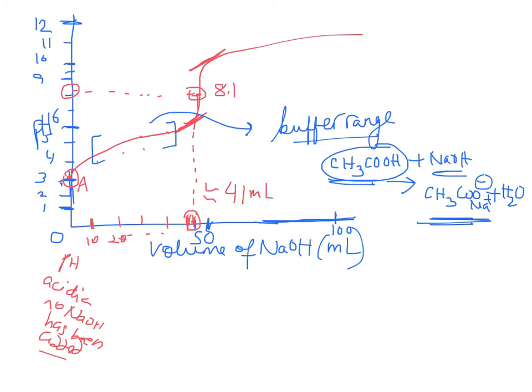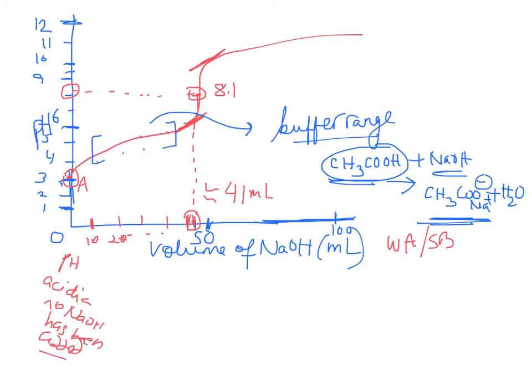So realize that this entire region, after you start the addition of the sodium hydroxide, because you're titrating a weak acid with a strong base, the added sodium hydroxide is converting a stoichiometric amount of the acid into the corresponding conjugate base. That means at any given point of time, you are beginning to build up a buffer.